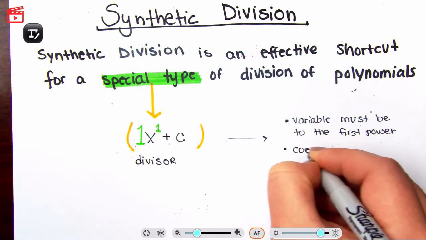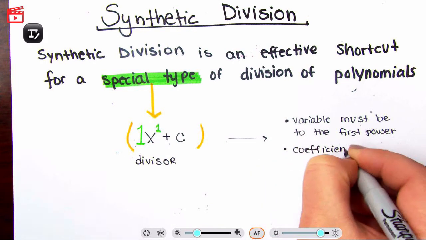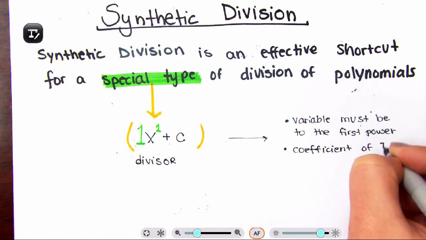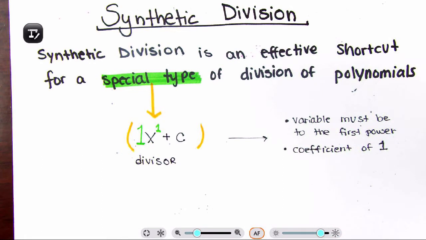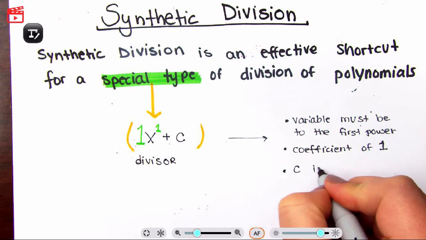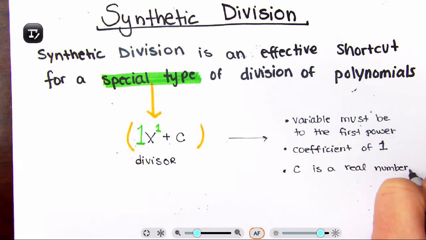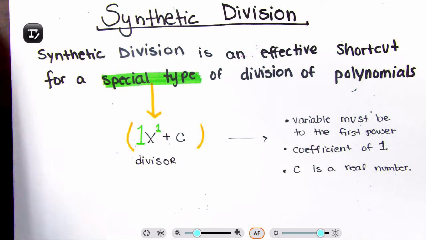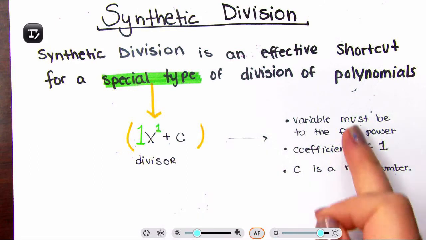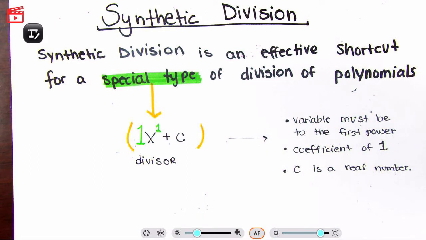The coefficient needs to be 1. And the third thing is that C is a real number, so no i's, no imaginaries. All right, so if we have a coefficient of 1, an exponent of 1, and C is a real number, then we can proceed with synthetic division. These three things need to be checked before you continue.